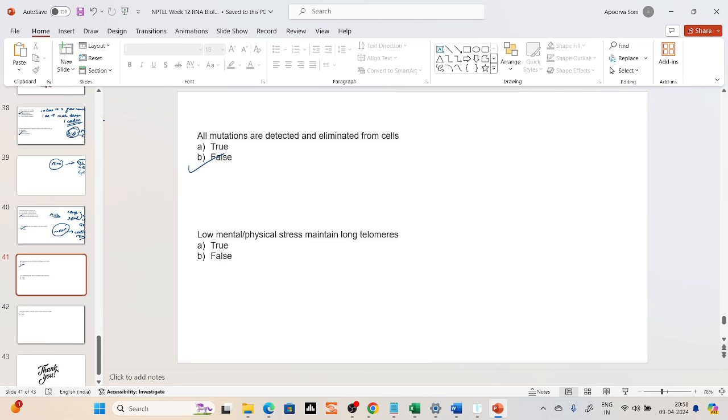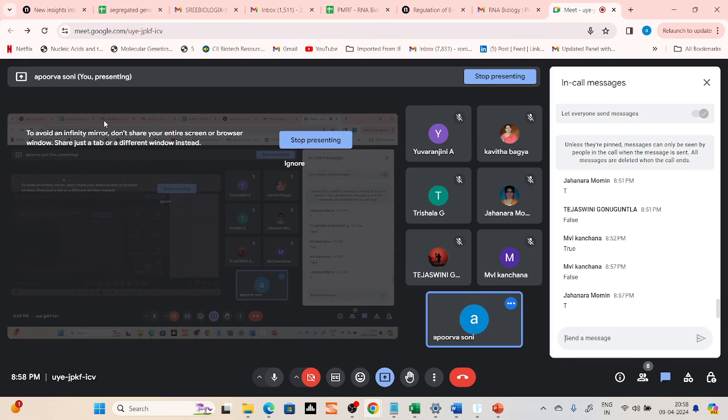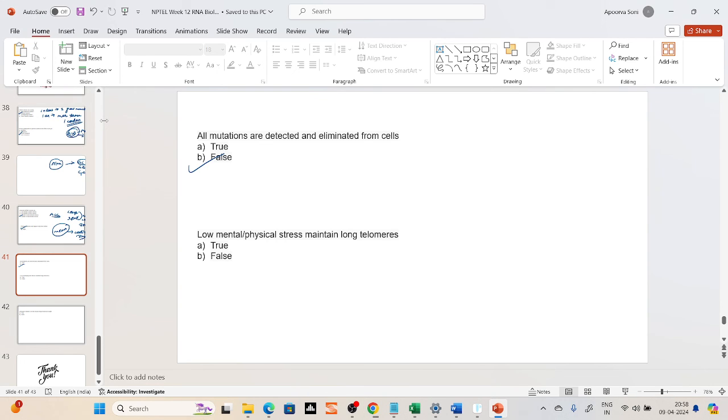Although our body tries its best to eradicate the mutations, there are still so many mutations that exist in our body which are not eliminated, and that ultimately leads to cancer progression. So the fact that cancer happens in the human body shows that all mutations are not eliminated from the body. They can be detected, but they might or might not get eliminated. So the correct answer is false.